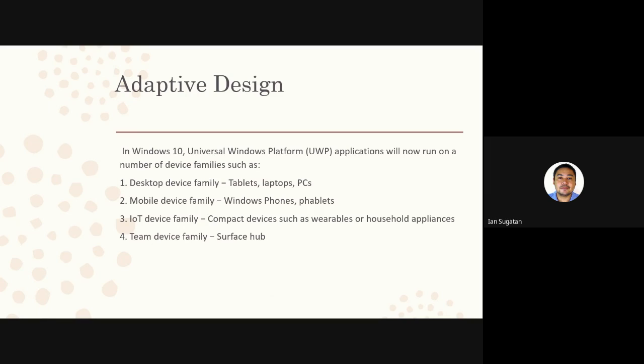So how do we design an application that provides a great user experience on several devices with dramatically different screen sizes and different input methods? That means designing applications for multiple device families requires some additional consideration, planning, and design.